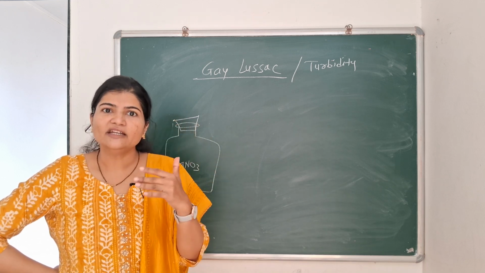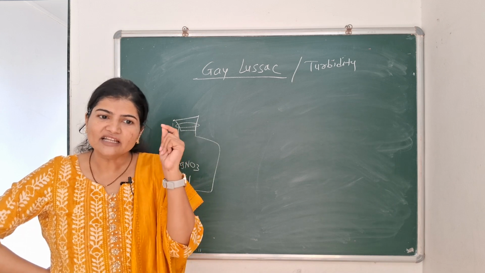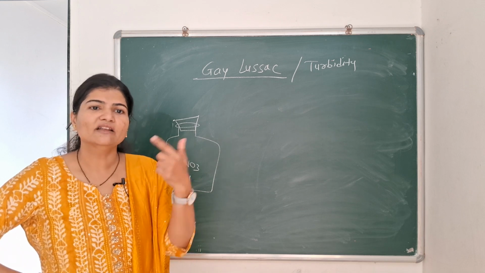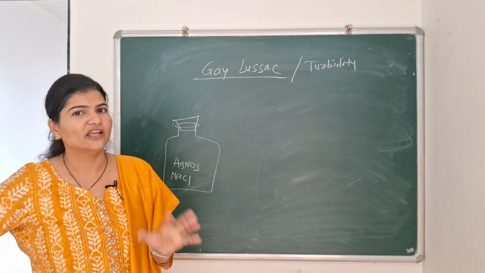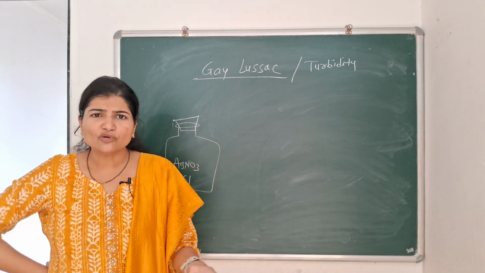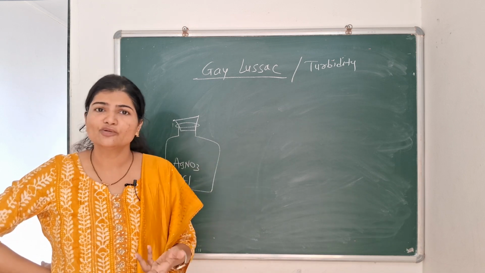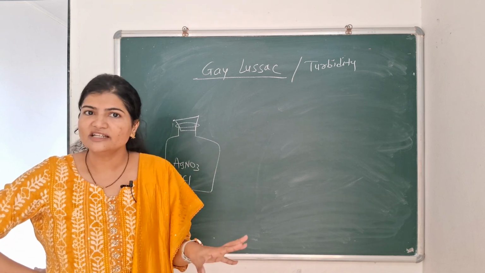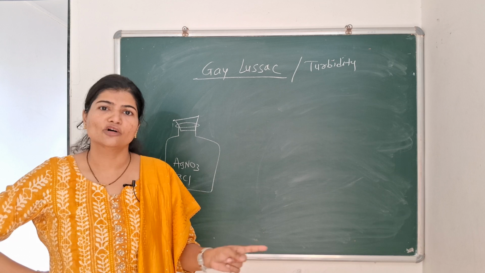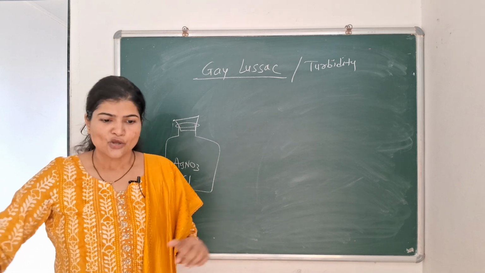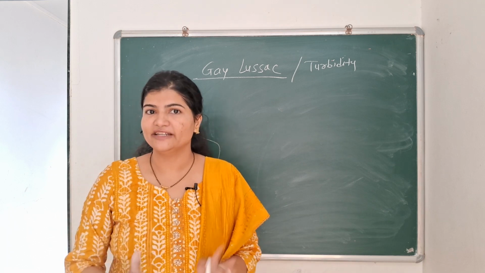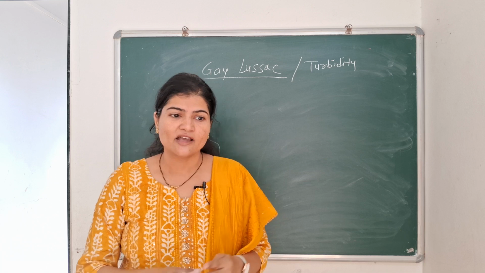From 80 or 90 ml, I will add very small aliquots, say 1 ml, 0.5 ml, and I will go on increasing the accuracy of the endpoint. So this is Gay Lussac's method, the without indicator method, turbidity method, whatever you say. Here we are not going to use any indicator, but we will utilize the tendency of the precipitate to cause turbidity in the solution. So these are the 4 methods of endpoint detection in precipitation titrations.